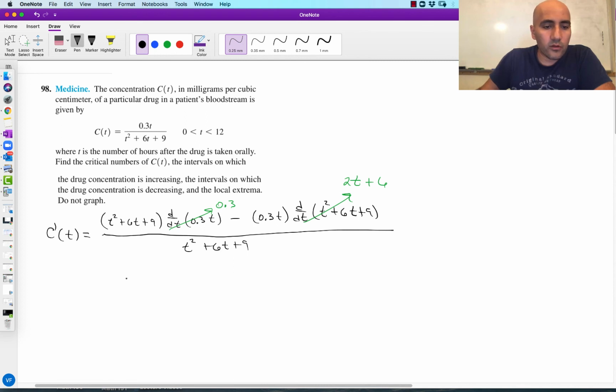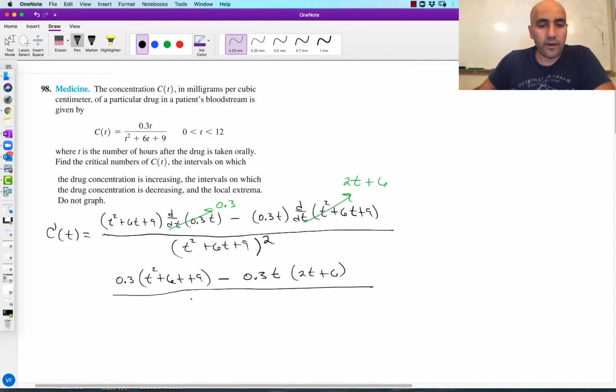I'm going to multiply 0.3 times t squared plus 6t plus 9, minus 0.3t times 2t plus 6, over the denominator squared we go. I forgot the squared. Okay, so then all of this gets divided by t squared plus 6t plus 9, squared, and that would be c prime of t.